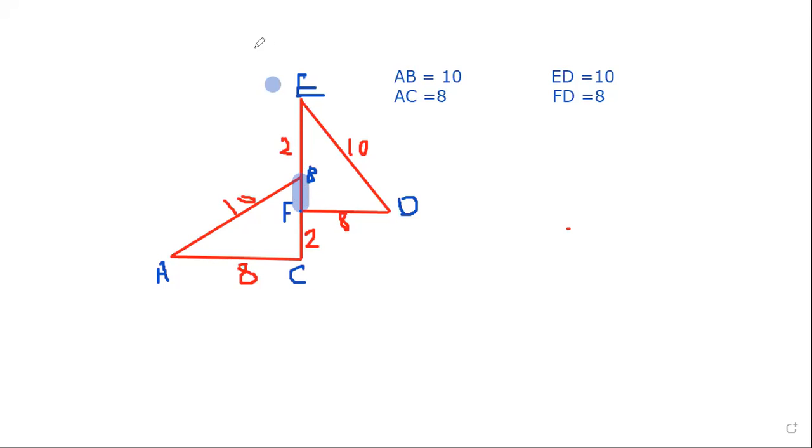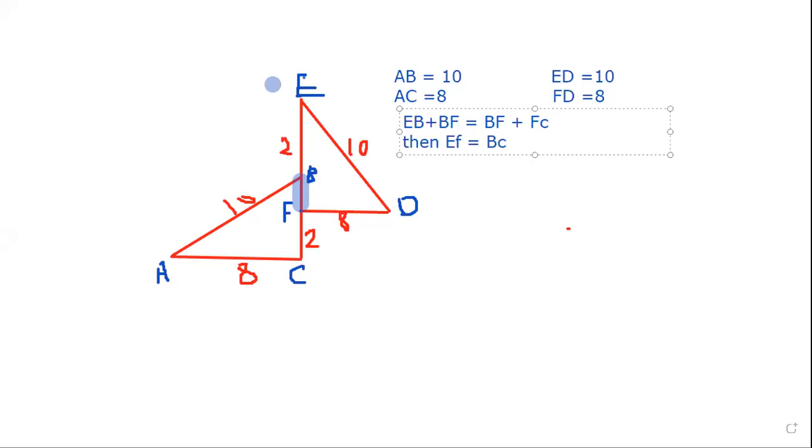So we can say that EB plus BF equals BF plus FC, am I correct? Then EF will be equal to BC.